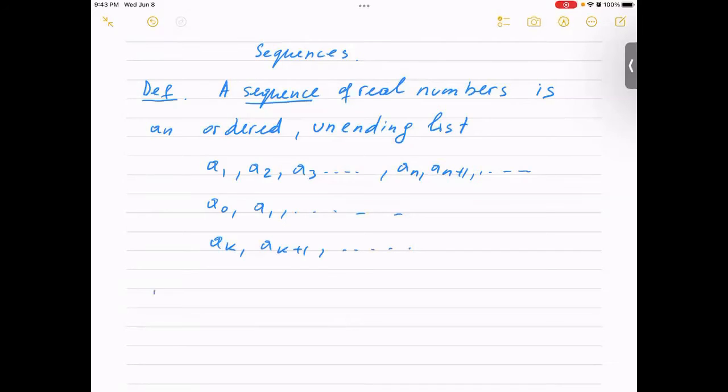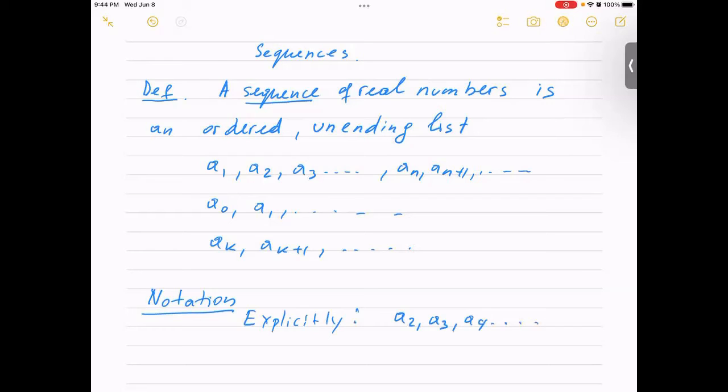We're going to write the sequences. Notation. And the way we're going to write the sequence is going to be either we're going to list them explicitly. For example, we can write down A2, A3, A4, and so on.